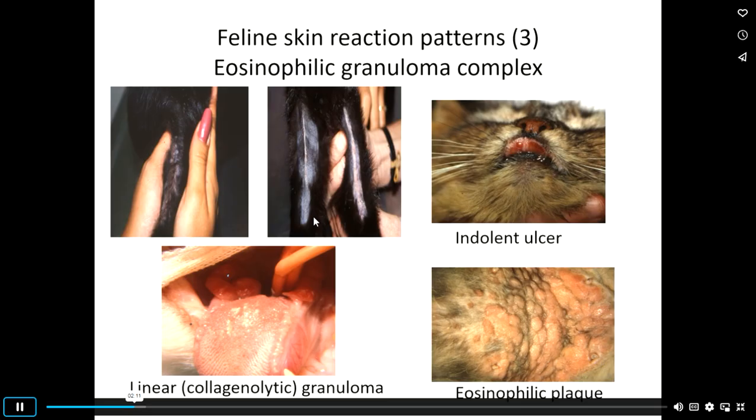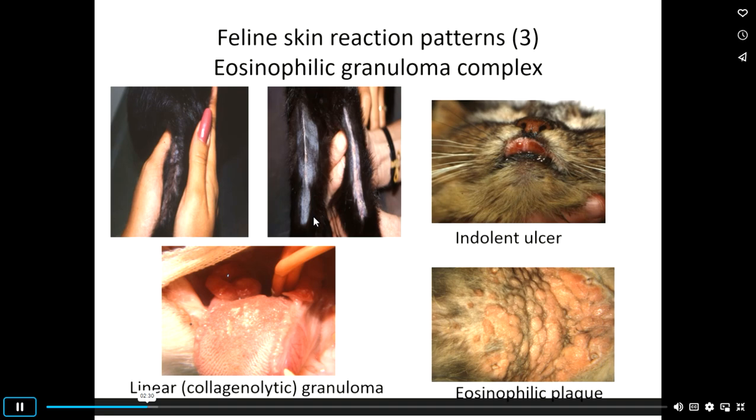And in this slide, we have examples of the eosinophilic granuloma complex. On the top left, we've got linear granuloma before and after clipping the hair away, where you can see beautiful linear reactions, which are quite symmetrical in this case.